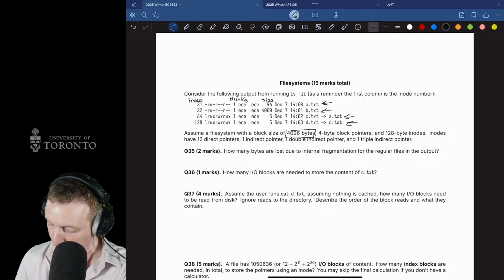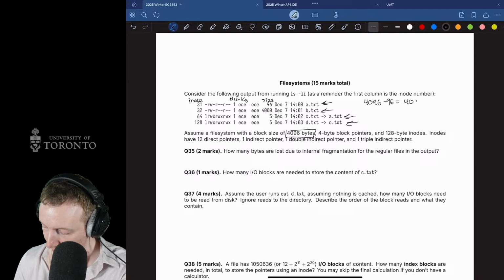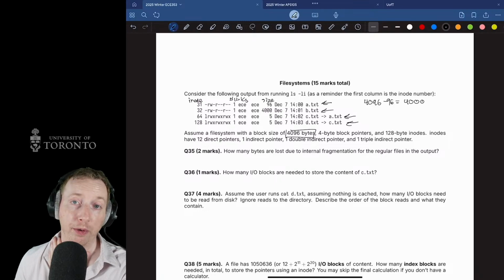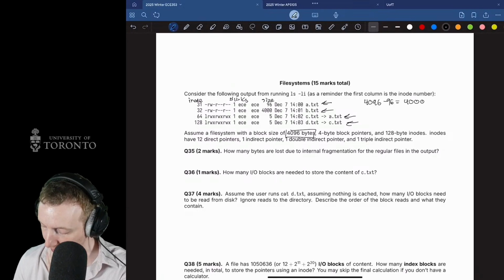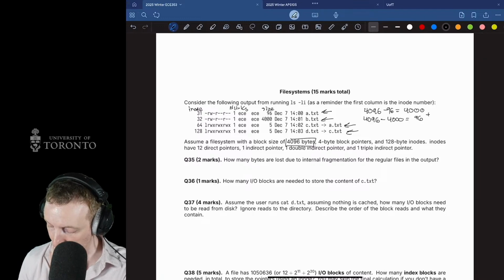So for file A, what's lost is 4096, because it would have to occupy a block, minus 96. So it has 4000 bytes lost due to internal fragmentation. And for B.txt, it also takes a block, and it needs 4000 bytes, so 96 bytes are lost due to internal fragmentation for that. And in total, we just add those numbers together, which is 4096.